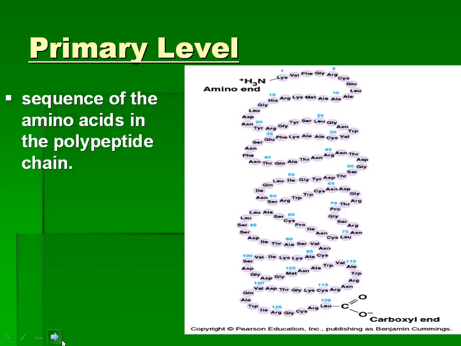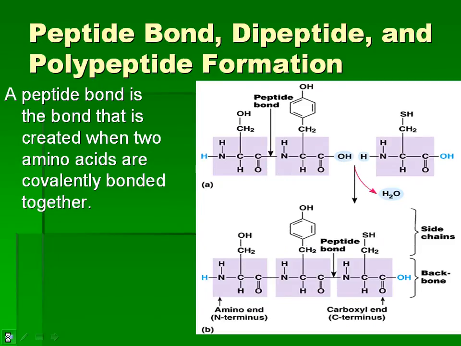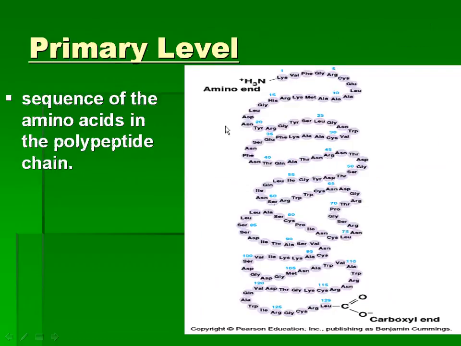And that linear sequence of amino acids is what's going to be responsible for determining our future protein structure. Because if we go back to the previous slide, what we're going to see are interactions occurring between the side chains.